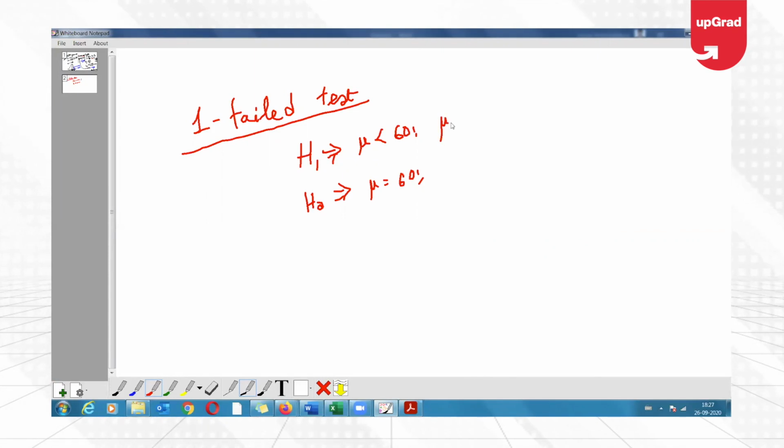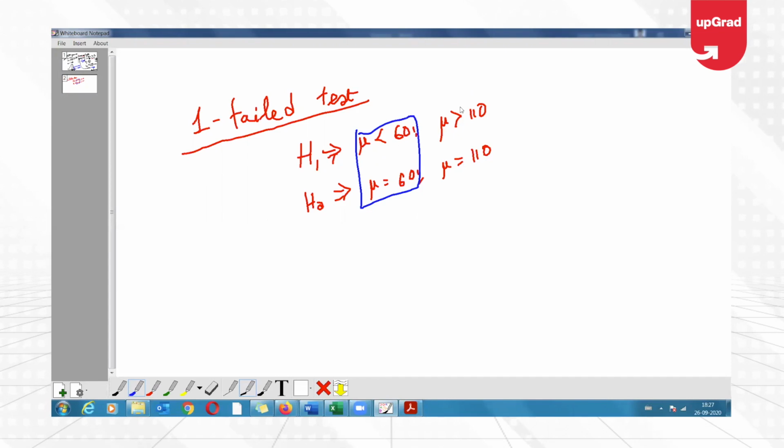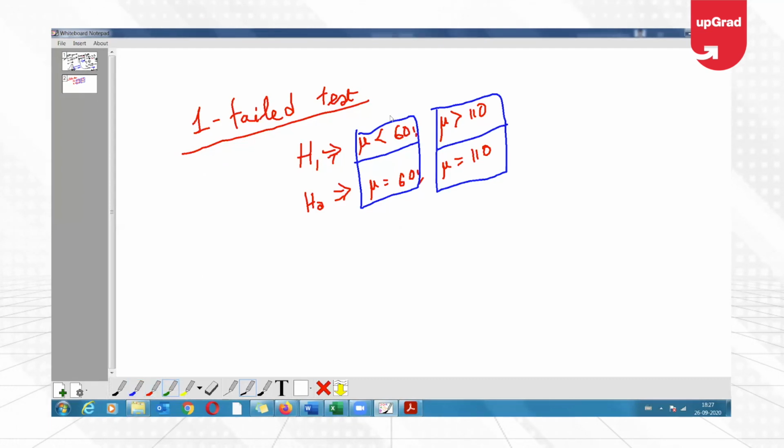Or mu greater than 110. So we have tried to solve this kind of problem, where in the alternate hypothesis I am checking only one side, that is either greater or lesser. This is called a one-tailed test, when I am checking only one side of the distribution, which can be either greater or lesser.